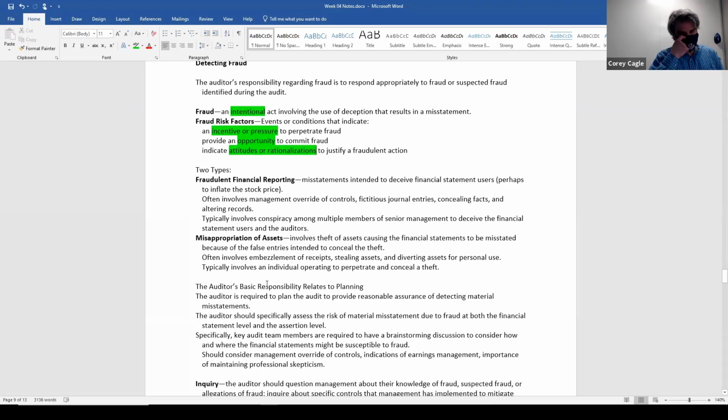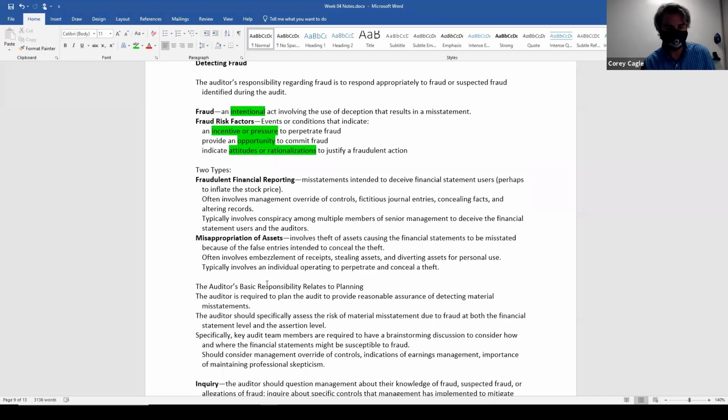2 types of fraud. You got fraudulent financial reporting. So these are cooking the books, right? Misstating things, trying to fake out the financial statement users to make it look like you're doing better than you really are. Or you could fraudulently misstate to make it look like you're doing worse.